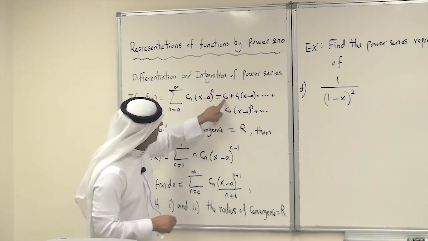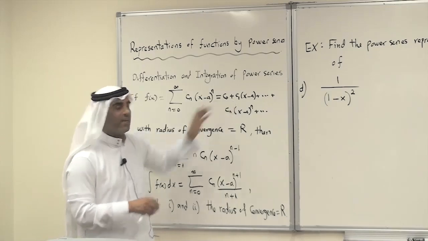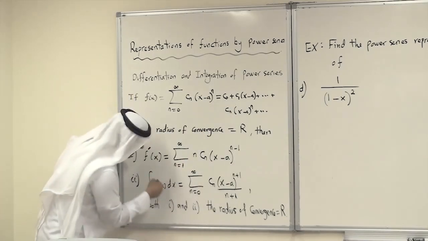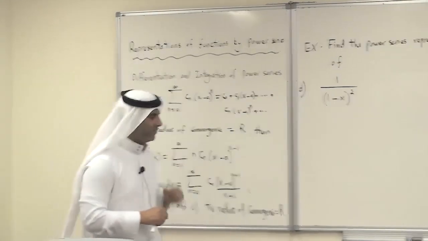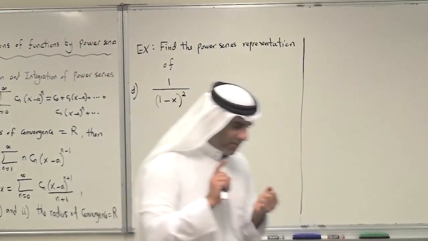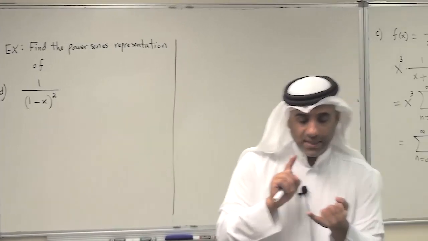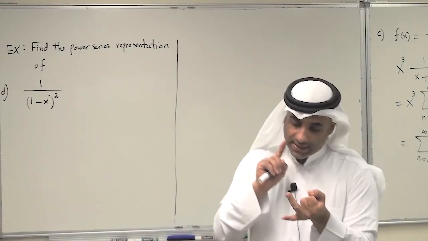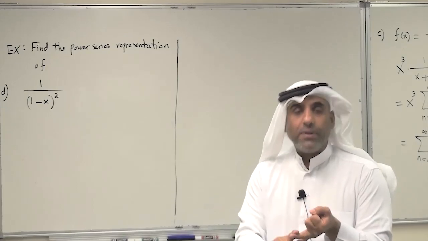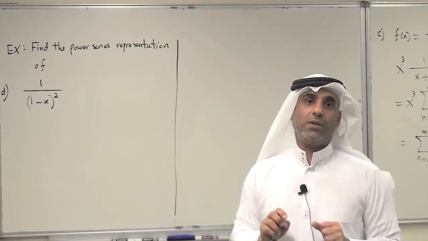So again, the counting in the integral will start from 0. What is the benefit of this? Of course, it gives a very nice result about differentiating and integrating a power series. This is one thing. And the second point, it will enable us to add more functions to our list.